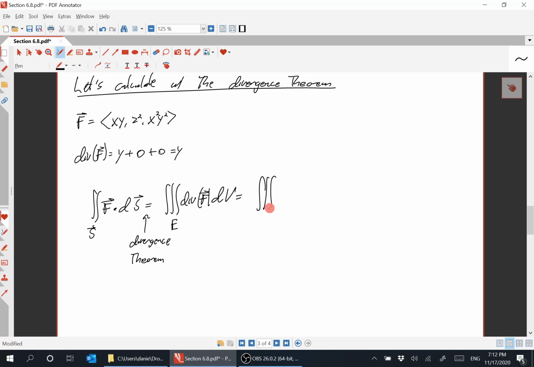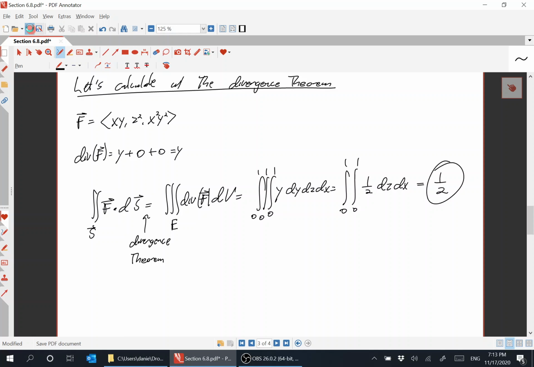In our case, the cube was just x from 0 to 1, y from 0 to 1, and z from 0 to 1, of y, and we'll do dy, dz, dx. We'll do y first. So the antiderivative with respect to y, 1/2 y squared from 0 to 1, gives you a half. And then dz, dx. So the area of what's left over is just 1, so the whole thing is a half. Just very quickly, that integral is a half.